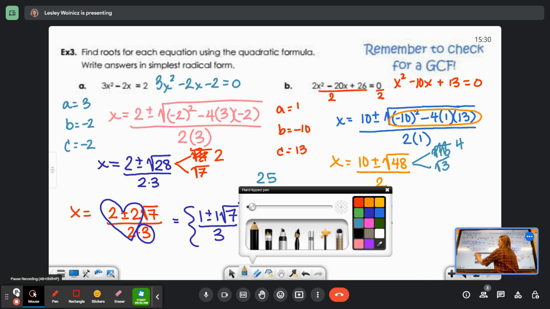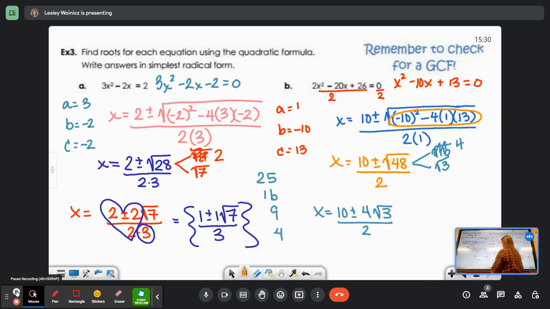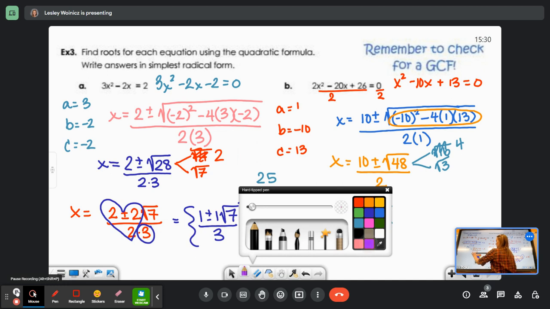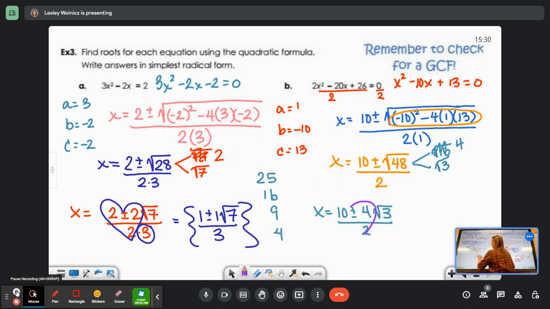Now, what do you think is going to happen to our 10 and our 4? They're going to divide by 2. So we get x equals 5 plus or minus 2 square root of 3. Any questions?